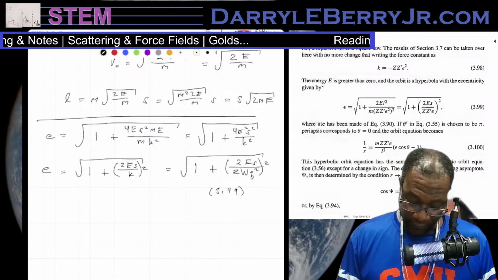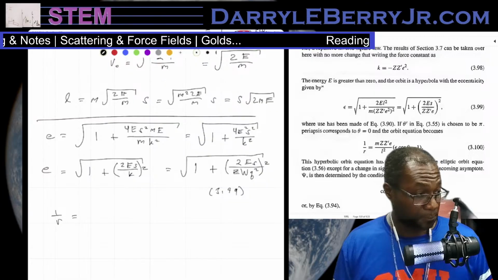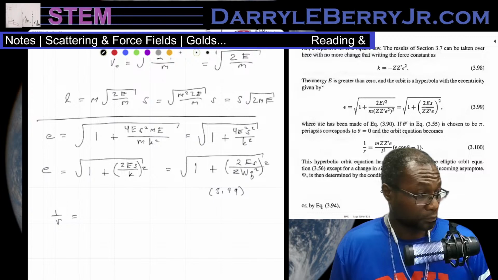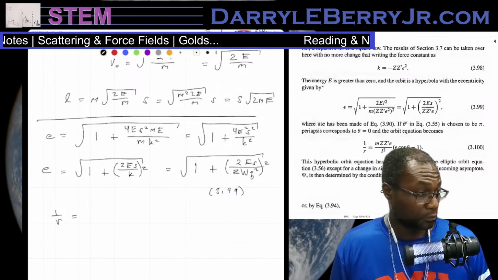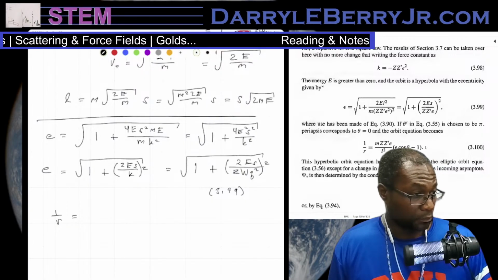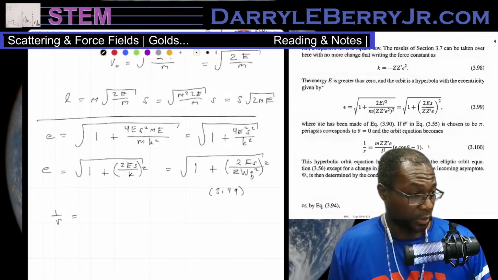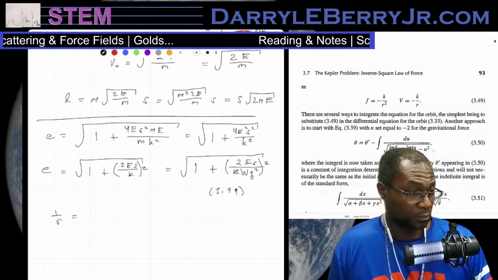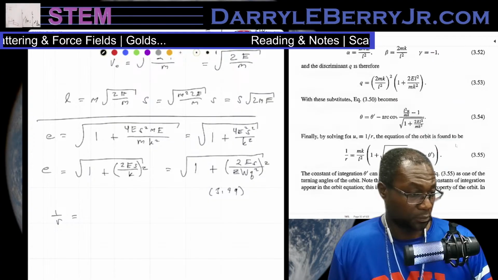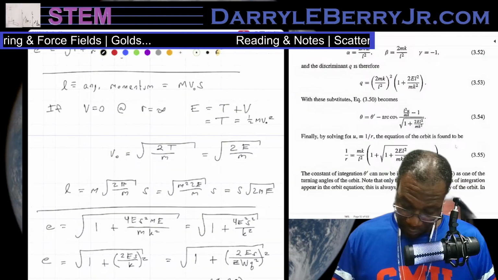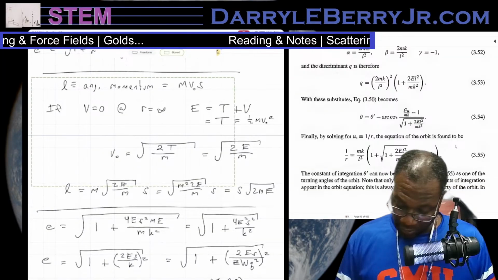Right? Then we have 1 over r equal. So we're going to go to equation 3.55. Like this.